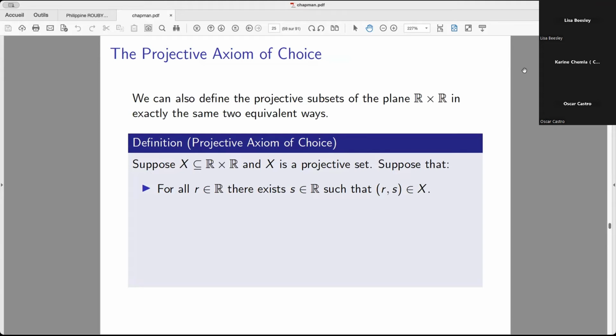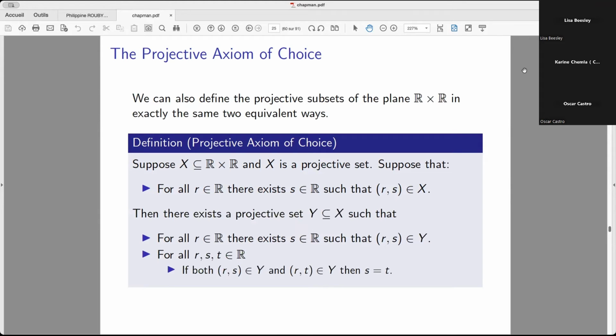Suppose you have a subset X of the plane and it's projective. Suppose that for every real number R, there is a real number S such that the pair (R, S) is in X. In other words, all the vertical fibers touch the set X. Then there exists a projective set contained in X which picks exactly one point.